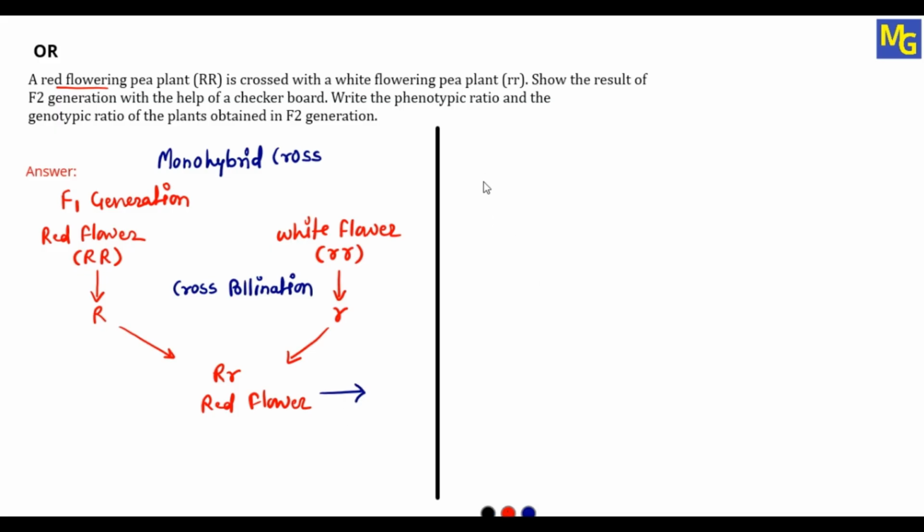So next we are going to start with F2 generation. In F2 generation we are going to use the plants which we have got in F1 generation. So now take a red flower which we have got in F1 generation. We will write the genes capital R and small r. Now see, it is heterozygous. Earlier plants were homozygous, now it is heterozygous. Take one more red flower.